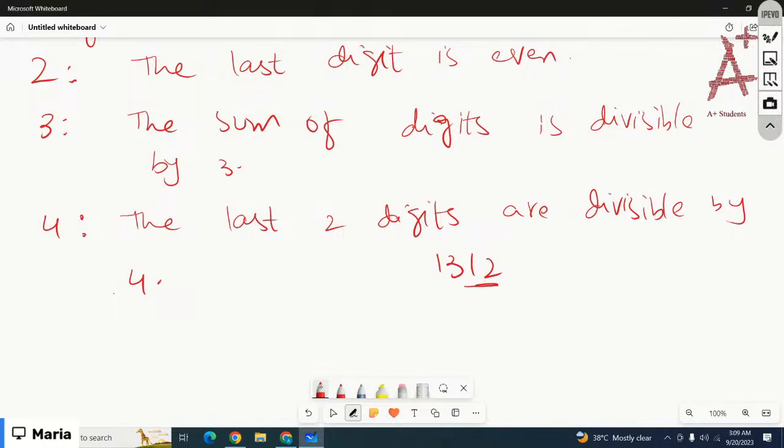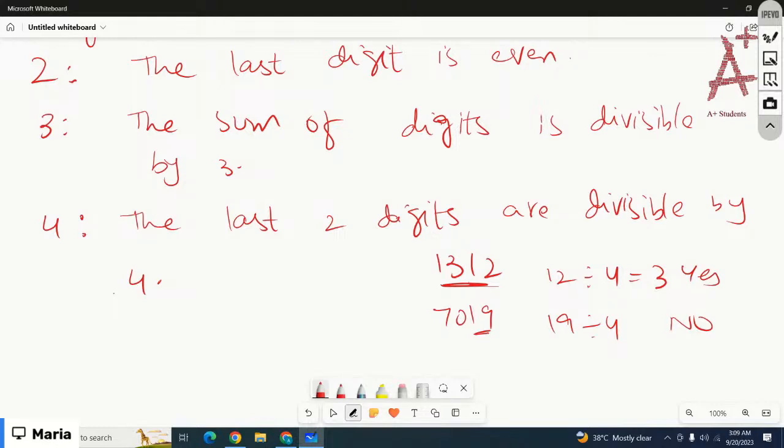The last two digits are 12. 12 is divisible by 4? Yes, 4 times 3 is 12. That means yes, 1312 is divisible by 4, right? The other example is 7119. You have 19 and 19 is not divisible by 4. That means no, 7119 is not divisible by 4. Got it?